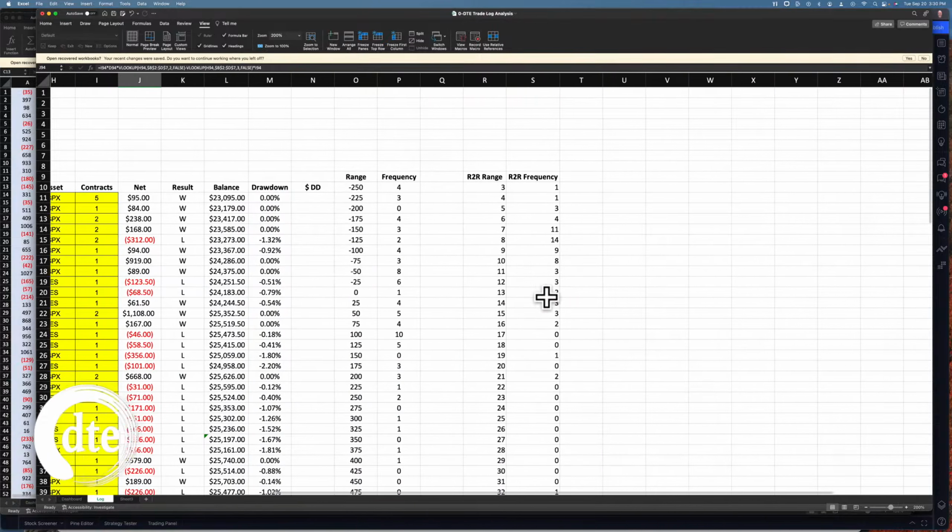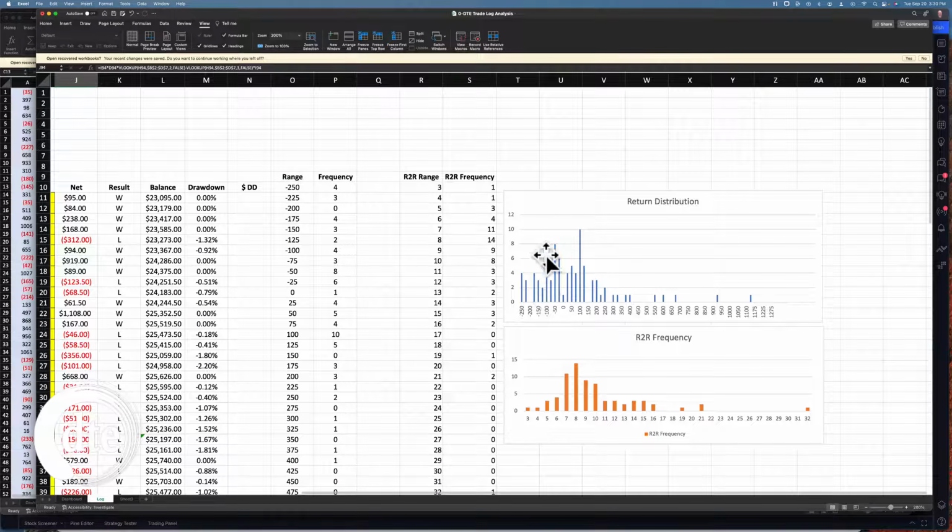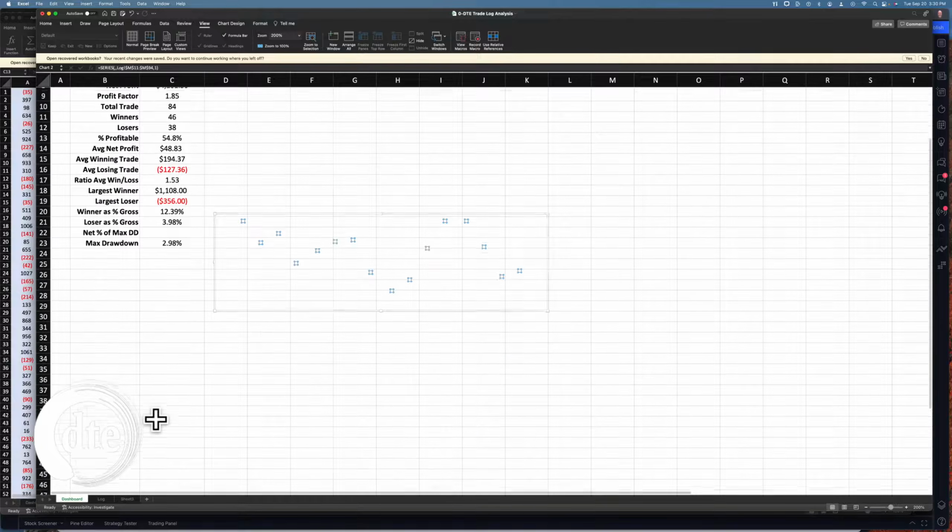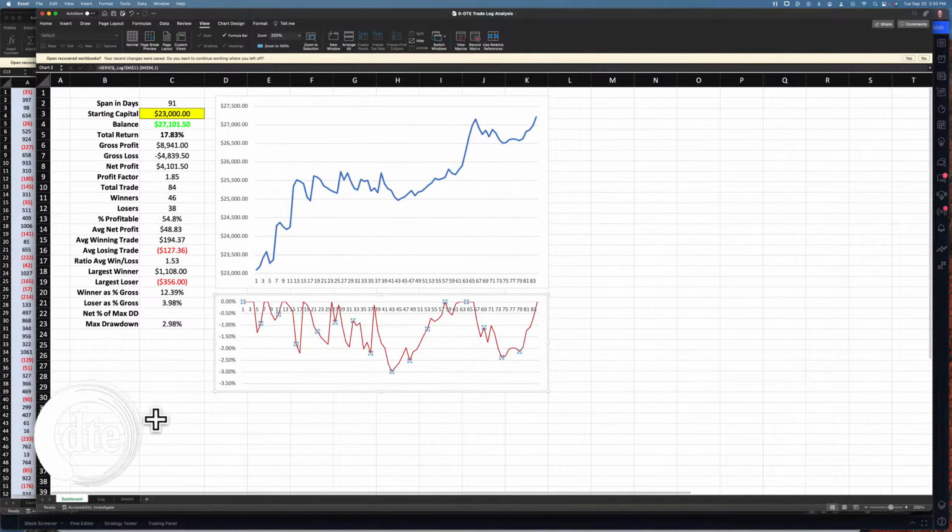And as I said, this is the distribution of returns and my risk to reward frequency, which is what type of risk to reward I take most frequently. You can see it's between 7 and 10. All right. And then I don't know why it doesn't redraw every time. There we go. You have to scroll up and scroll down to get the chart to redraw. And these are all my stats.